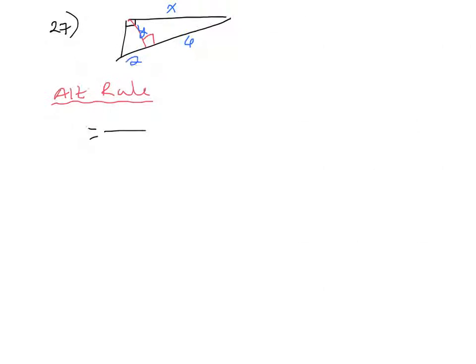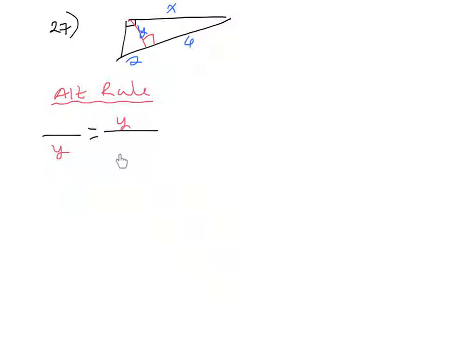For the altitude rule, the altitude goes in the geometric mean to itself. The altitude in our case is y, so we're going to put y on the geometric mean to itself. And then on the other diagonal is always pieces of the hypotenuse. The question is, is it the two pieces of the hypotenuse or is it the whole hypotenuse and the piece that touches the leg?